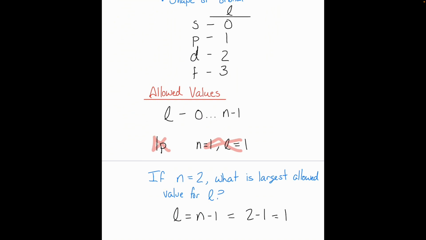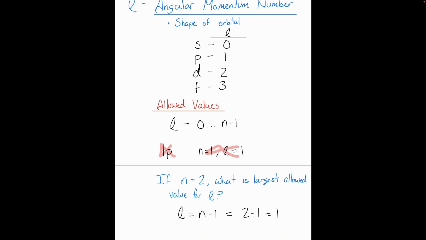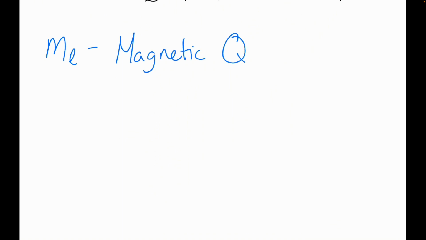There's no such thing as a 2d orbital. I can only have a 2p orbital. That's why my principal quantum number of 2 corresponds to that angular momentum quantum number of 1. That's the maximum allowed value. Our next quantum number is m sub l, what's called the magnetic quantum number.